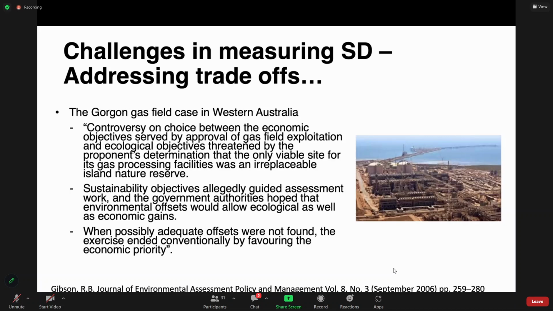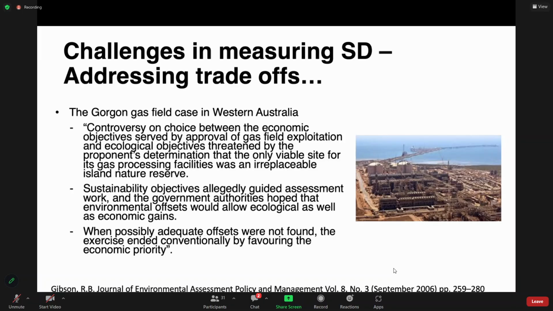Before we wrap up, I just wanted to show you this as well. This is an actual case study, since we were discussing these trade-offs when it comes to addressing sustainable development. It's a case from Western Australia. They identified that a particular area was suitable for exploiting natural gas.